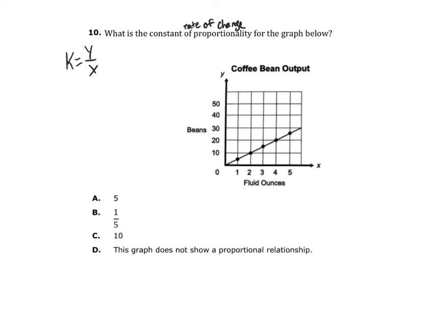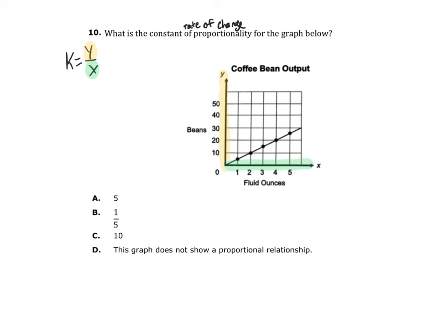So here's our y up top. We're going to use color coding to help us. Our y is here, and our x is here. So again, y is going to be yellow, x is going to be green to help us out.